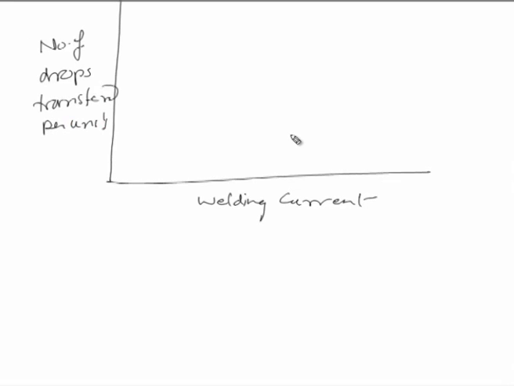To see that, let us plot the relationship between the welding current being used in the gas metal arc welding process and the number of drops transferred per unit time. If we see this on one side, then with low welding current the drop size is very high, and it keeps on decreasing with the increase of welding current.